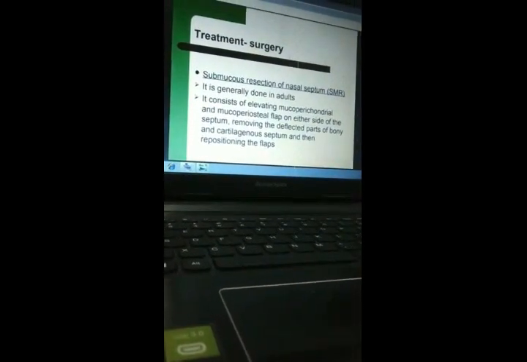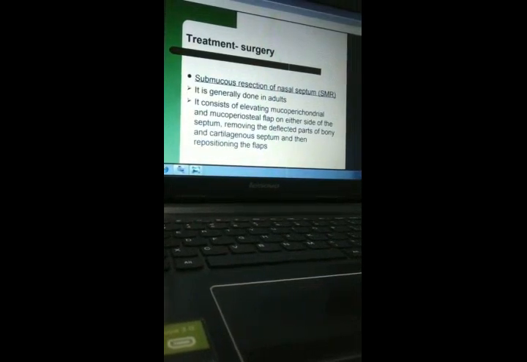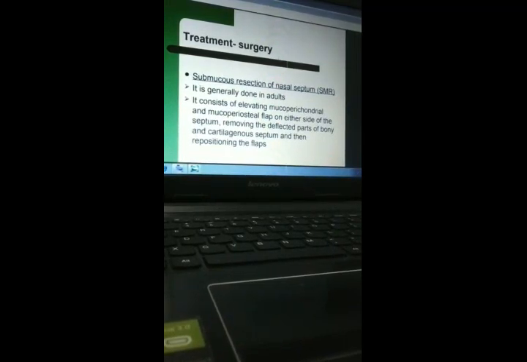This operation is of two types. First is submucous resection of nasal septum, that is SMR.